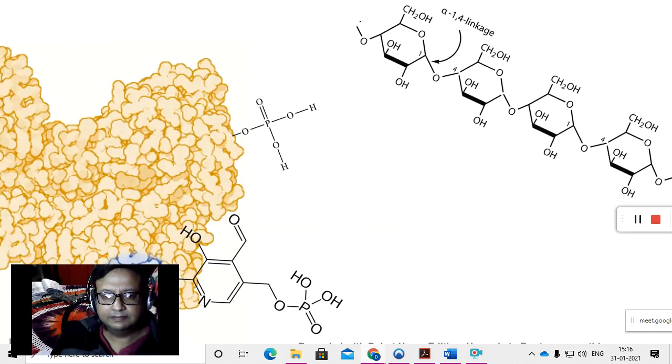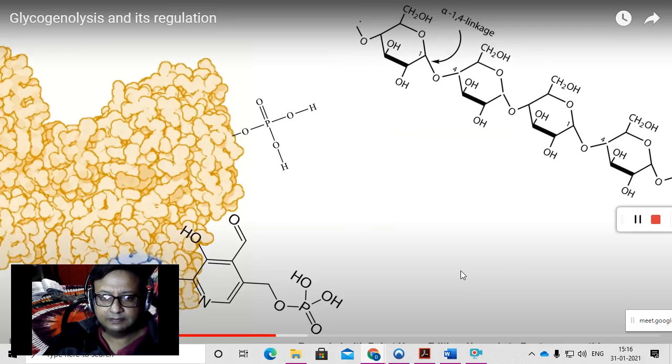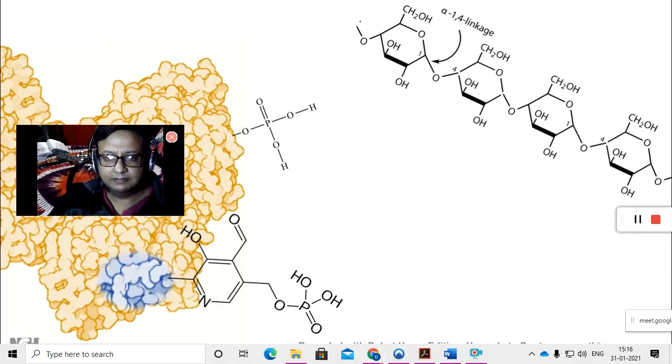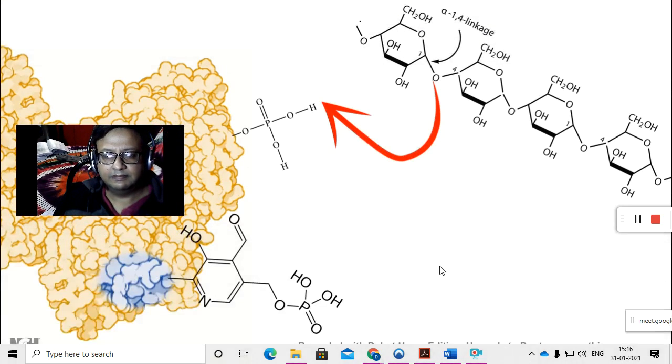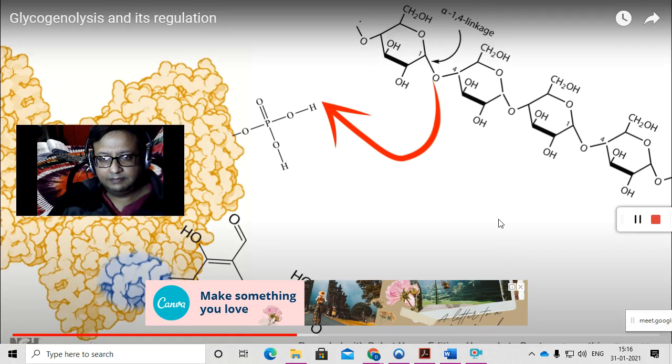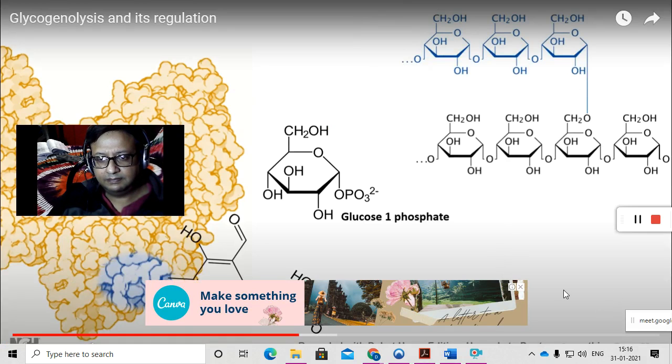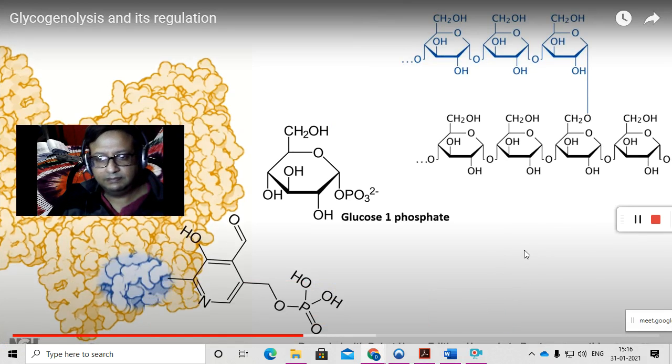So here is glycogen phosphorylase, and here is its active site. What you can see is that the oxygen from the alpha 1,4 glycosidic linkage is getting protonated, and further it gets a nucleophilic attack from the phosphate group itself, which would make the glucose into glucose 1 phosphate and leave the glycogen with one less glucose residue.